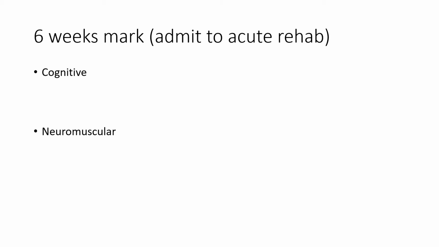Now, depending on your role in the team, this might be particularly your area of interest. For example, swallowing or communication would be in speech-language pathology. Neuromuscular leads more towards physiotherapy. That said, some things definitely overlap. Cognitive is relevant across many different areas of the field.